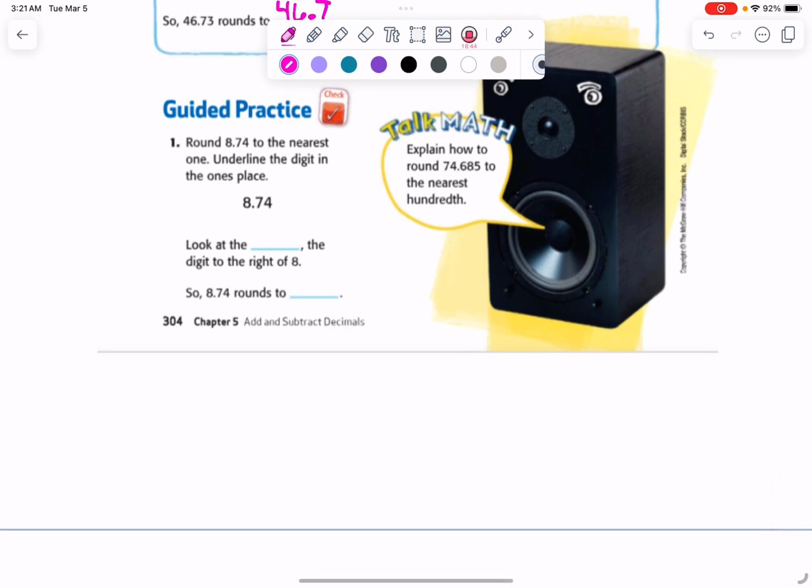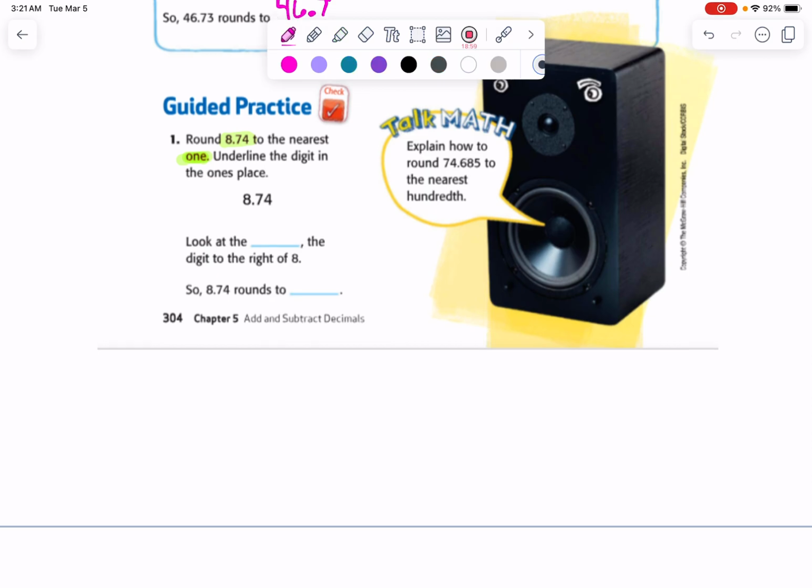All right, so this one says round 8.74 or 8 74/100 to the nearest 1. Whole number. And it says underline the digit in the ones place. Let's do that. This is our digit in the ones place. And then we need to look at the digit to the right, which is a 7. Look at the digit to the right and decide, is 8 staying the same or are we rounding it up to 9?